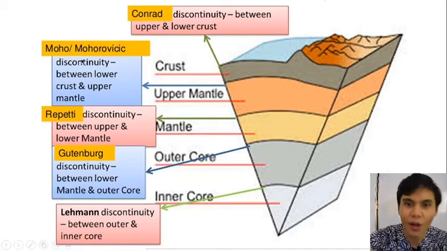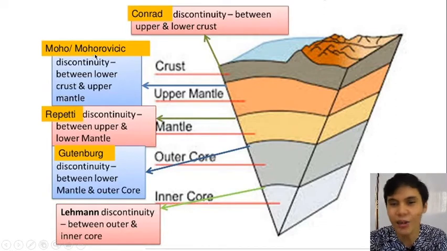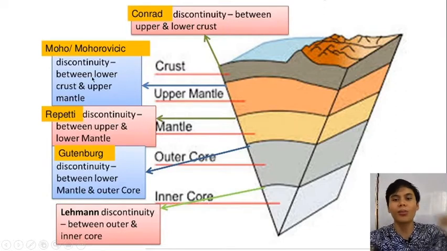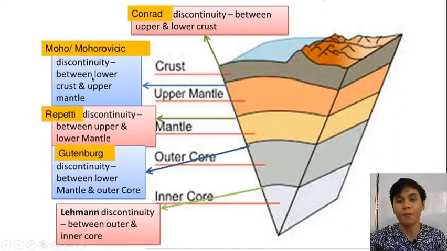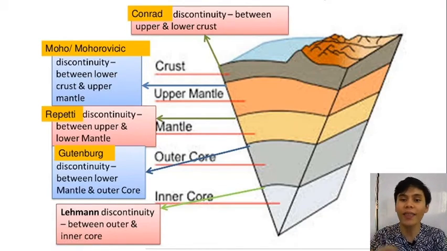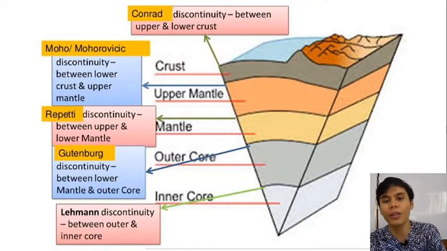Let's focus on the Mohorovicic. It's so complicated to spell and to pronounce that even scientists call it the Moho layer. The Moho discontinuity is between the crust and the mantle. So again, the properties of your P waves and your S waves change at this particular discontinuity. It's called the Moho discontinuity.